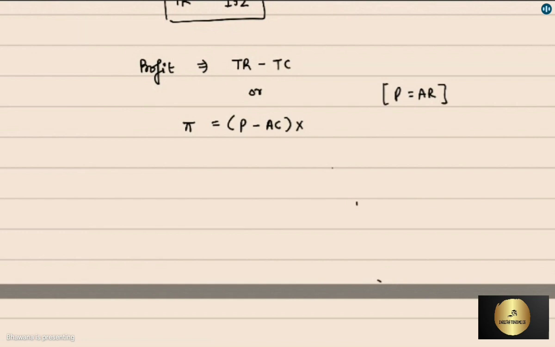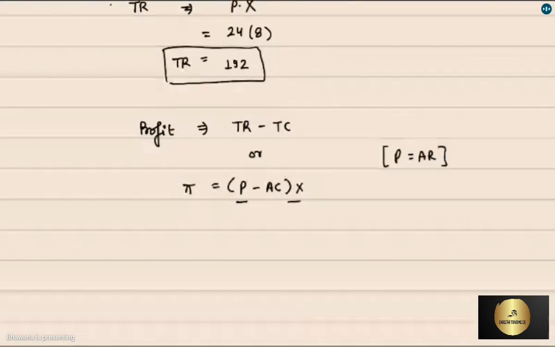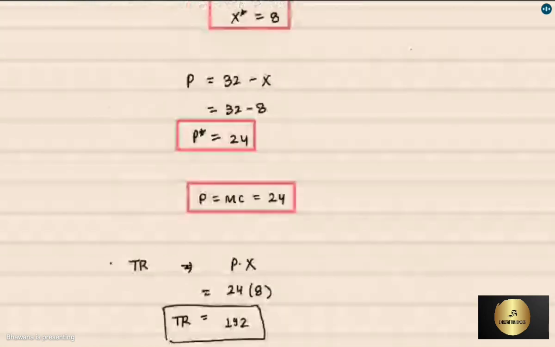So profit is the difference between average revenue and average cost multiplied by the total output produced by a firm. So this is the profit function. We have price, we have X, but we didn't have average cost, so we will derive average cost from the cost function.